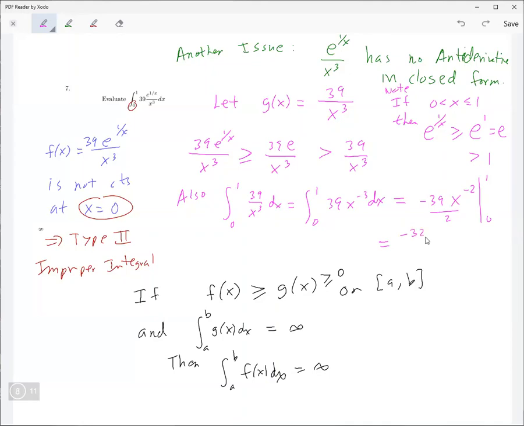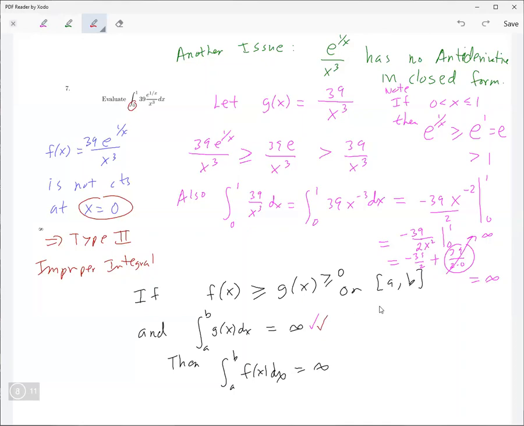This is negative 39 over 2x squared, from 0 to 1. I could plug a 1 in, but when I plug a 0 in, this goes to infinity. That's finite, this goes to infinity, so the whole thing's infinity. So I satisfy that part.